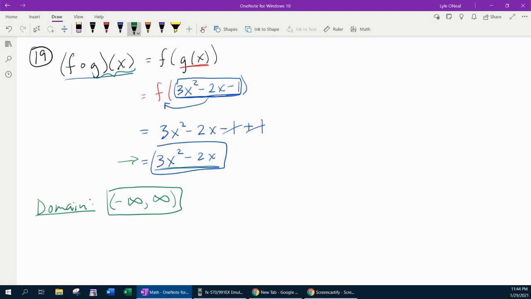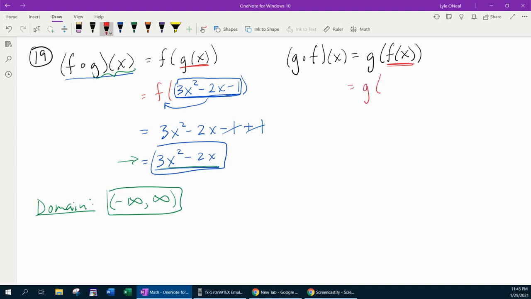or the composition. Number 19 also asks us to find g circle f of x. They want us to do the composition backwards. So if we rewrite using nested parentheses, that's going to be g of f of x, and then we're going to plug and play from the inside out.